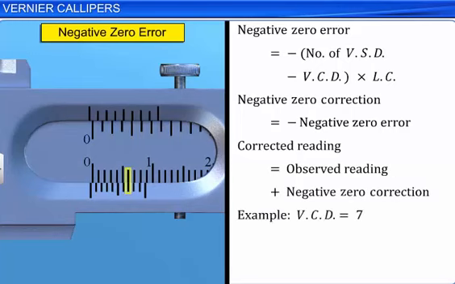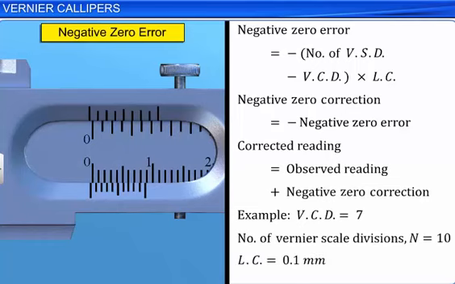For example, when the two external jaws are kept in contact, the zero of the vernier scale is on the left side of the zero of the main scale, and the seventh division on the vernier scale coincides with one of the main scale divisions. The number of divisions on the vernier scale is 10, and the least count of the vernier calipers is 0.1 mm.